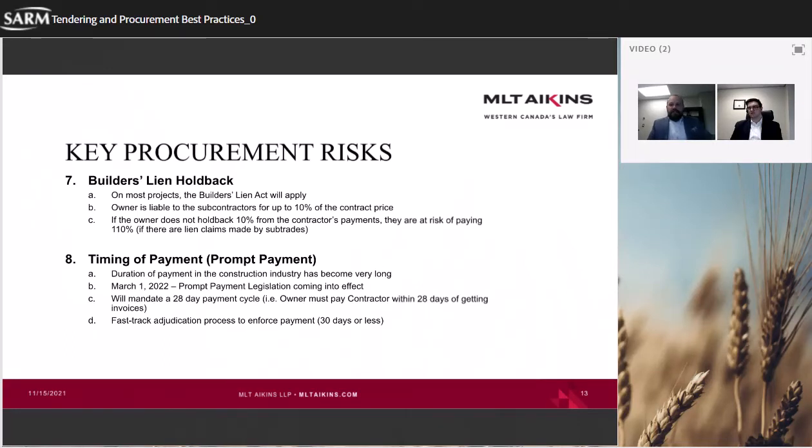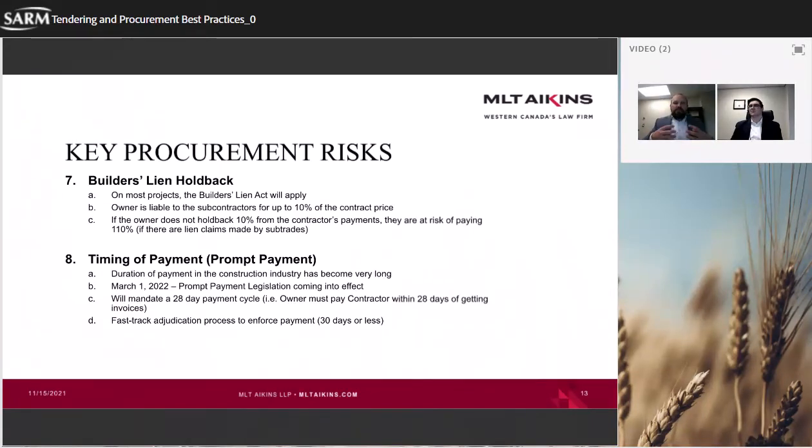We've seen recently, even in Saskatchewan, European suppliers and contractors coming in and doing some industrial work in the province, and they weren't aware of the holdback, and it really messes with their cash flow models and can really disrupt the financing of the project, where the owner really doesn't have much flexibility to not take that holdback because of the risk of double jeopardy payments.